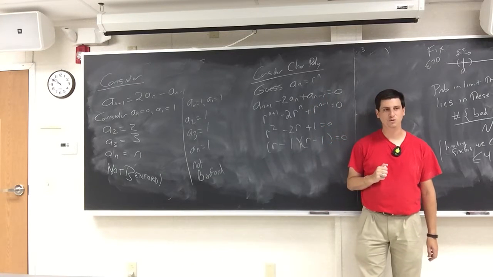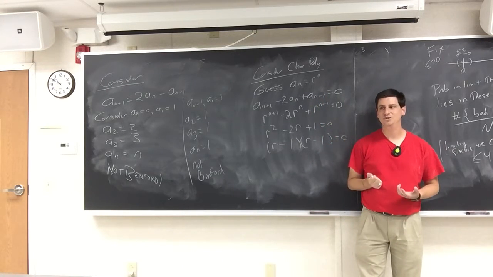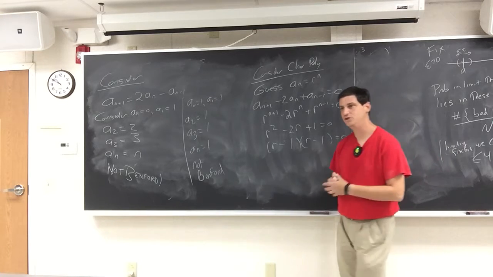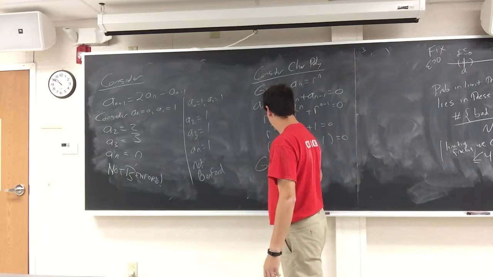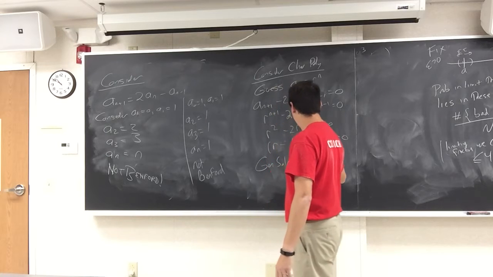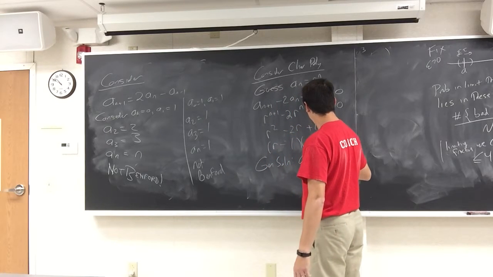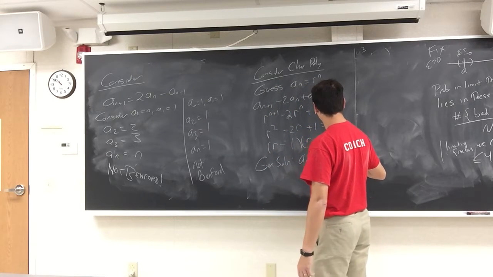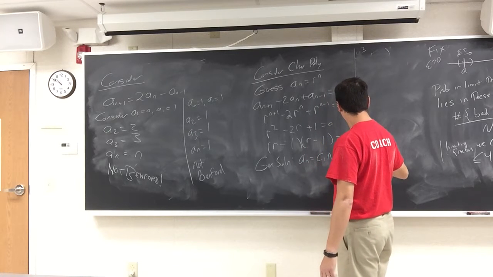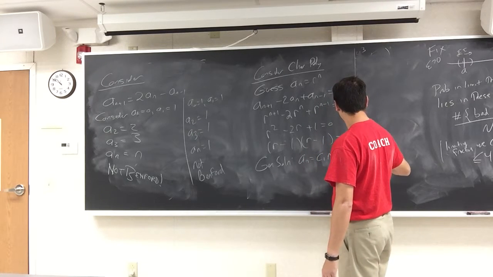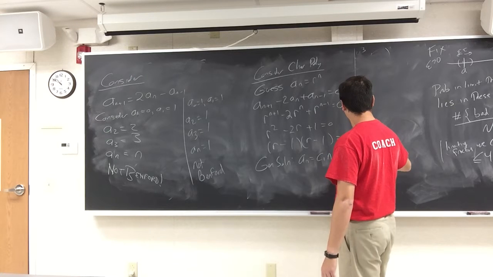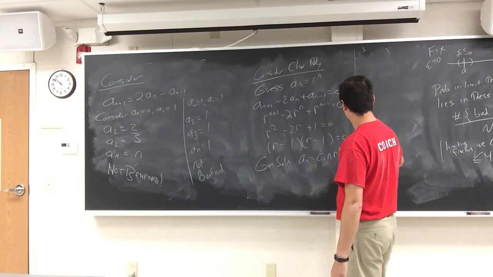So this has repeated roots, and the absolute value of the repeated roots is 1. So it turns out the general solution is a_n equals c1 n r^n plus c2 r^n, where r is the root.